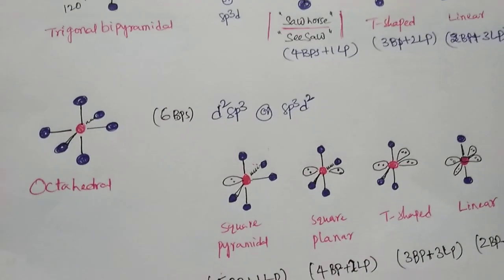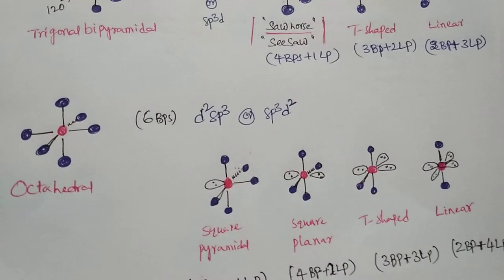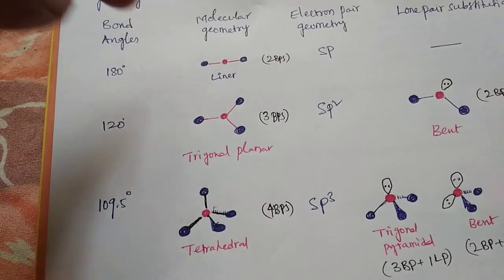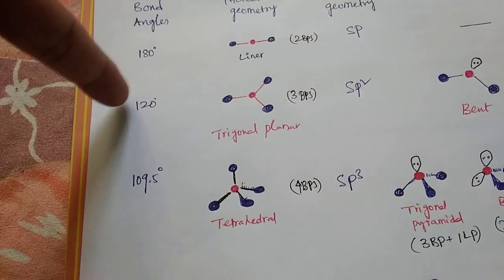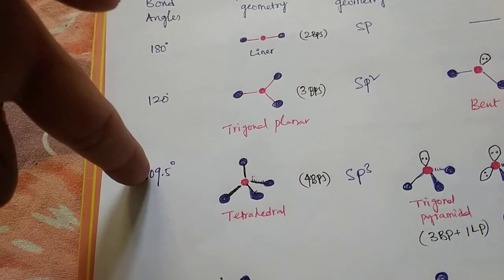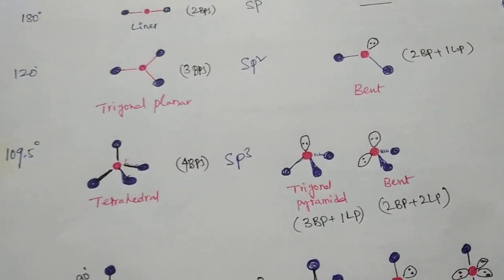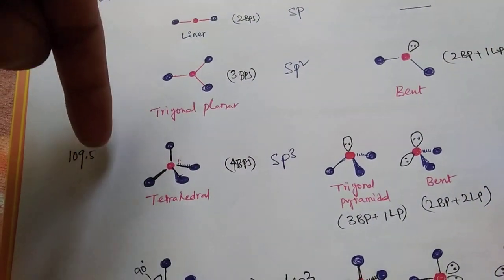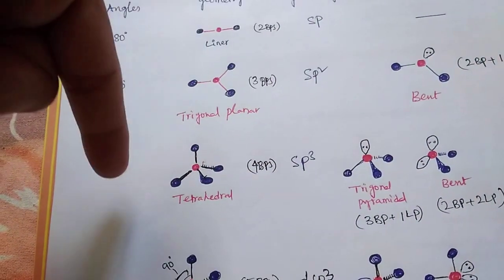So based on the lone pairs and bond pairs, we know the shape, the hybridization and the bond angle. But I mentioned the standard here: two bond pairs only means 180 degrees, three bond pairs means 120, four bond pairs means 109.5. When lone pairs come in, the bond angle changes from 109.5 degrees a little bit, and it may be slightly less. This is only for the tetrahedral bond angle.